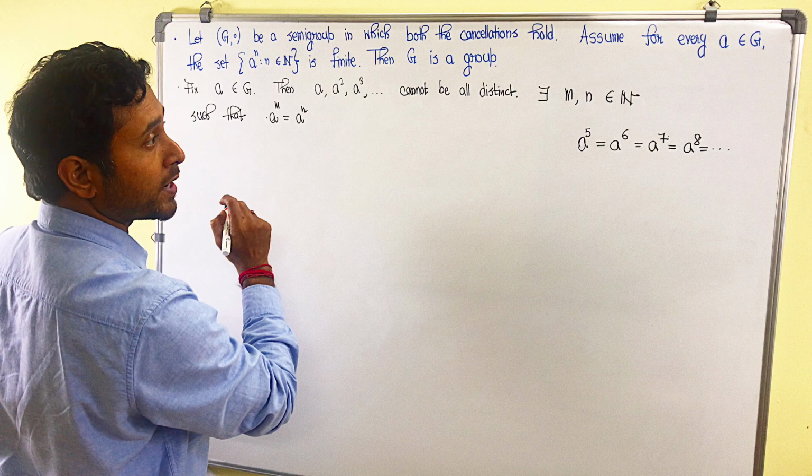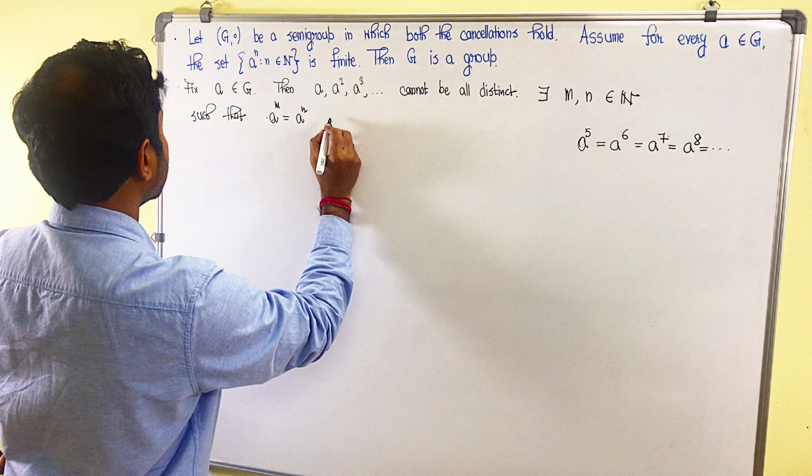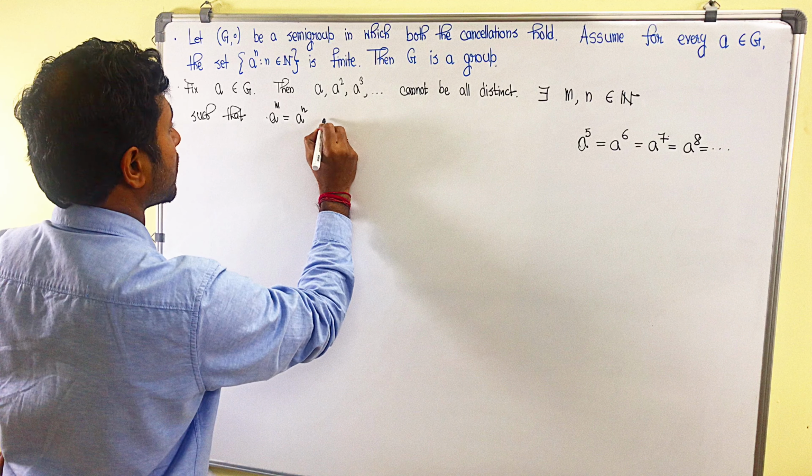So as per our requirement, we just need m minus n to be greater than or equal to 2. All right. Then we denote the element a to the power m minus n to be the desired identity element.